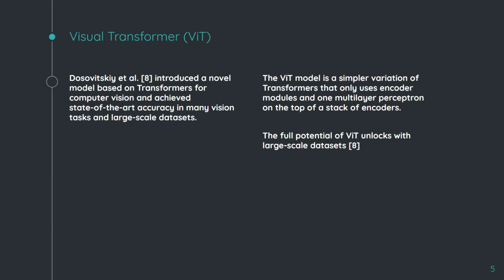The self-attention mechanism in ViT architecture handles translation and permutation invariance in images and helps the final layer multi-layer perceptron to have an even better and more accurate view of the input image. It's worth mentioning that the full potential of ViT unlocks with large-scale datasets.